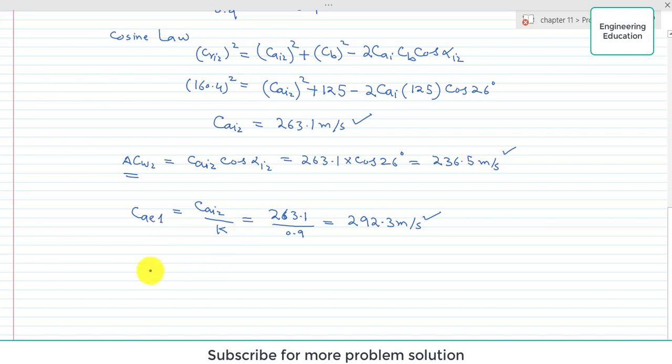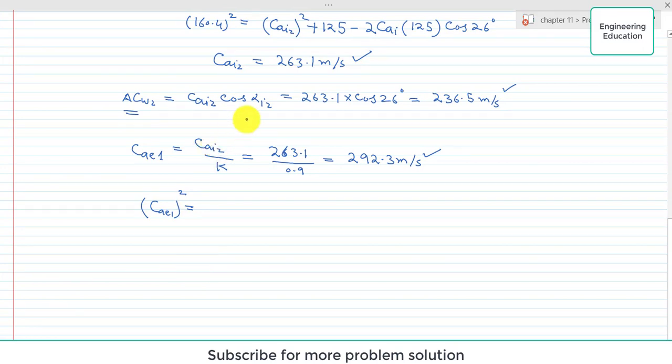We can write that using cosine law, CAE1 square is equal to CRE1 square plus CB square minus 2 CRE1 CB cos beta E1.